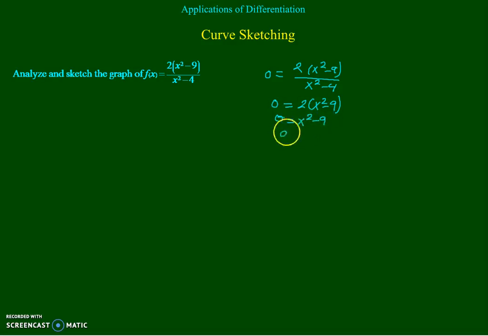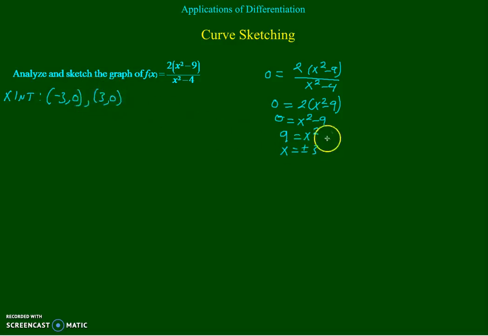Add the 9, 9 equals x squared, and x is plus or minus 3. So x intercepts are negative 3, 0, and 3, 0.